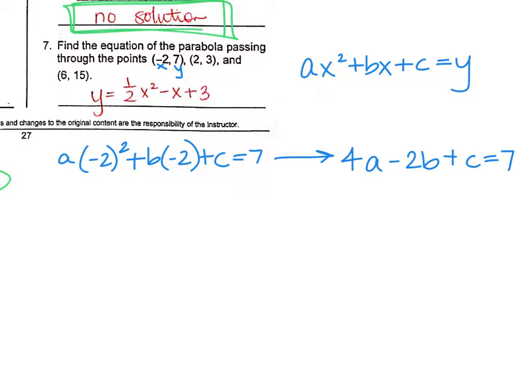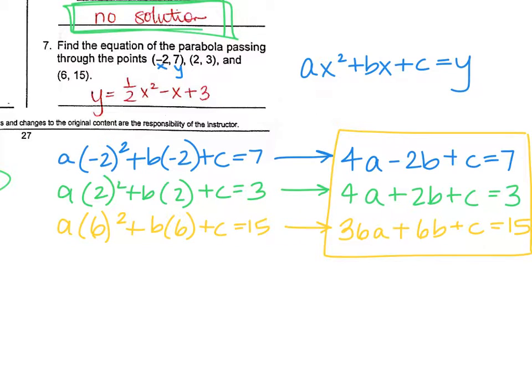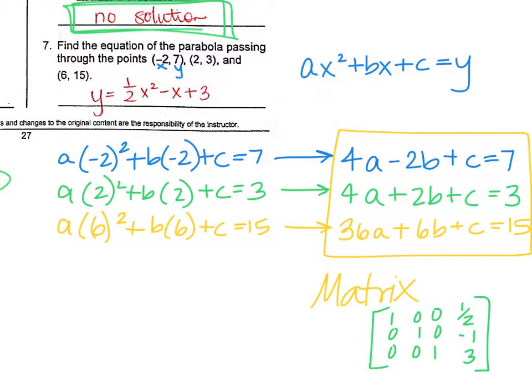Similarly, I can do the same thing for the next equation and for the last equation. And now we've got ourselves a system of equations that we can use matrix in our calculator to solve. So when you do that, your calculator is going to spit out an answer, which is going to give us our A, our B, and our C value.